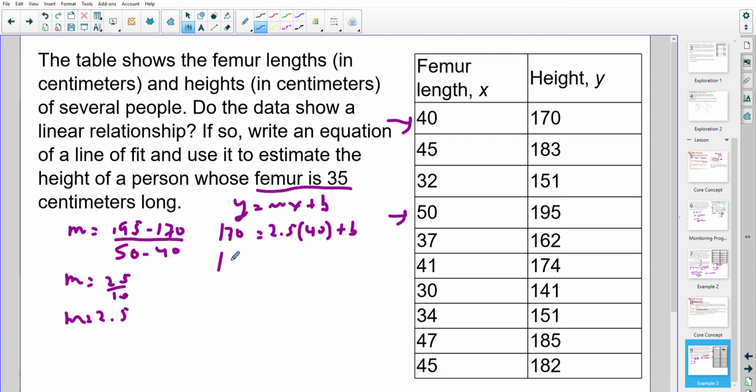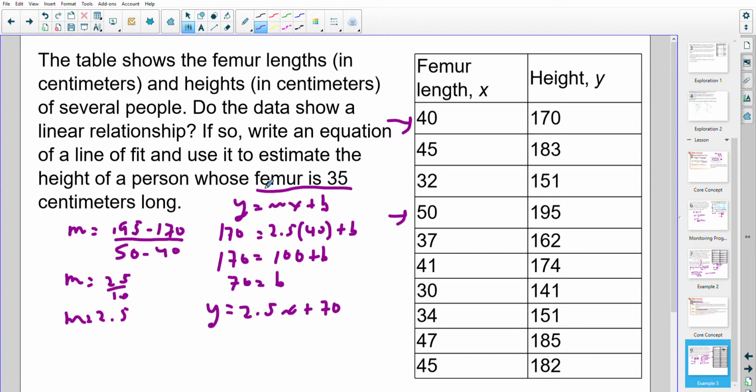So these are easy numbers to work with, and therefore b is equal to 70. Therefore, the equation is y equals 2.5x plus 70.